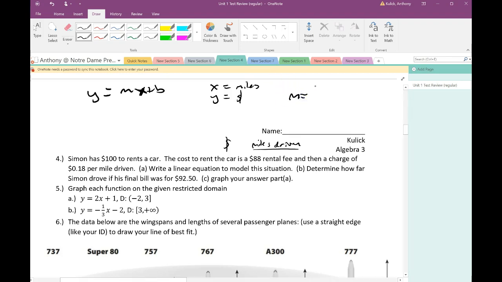So slope is the change in y over change in x. So that's change in dollars over change in miles. And we're given that in the problem, right? We're told that the cost goes up by $0.18 every mile driven. So that's my slope.